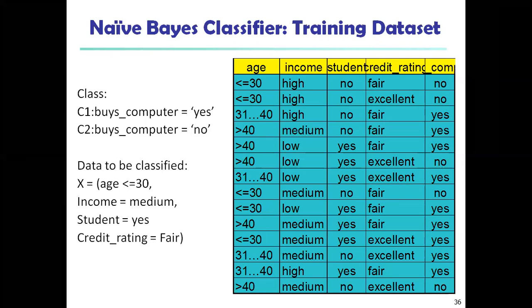Student yes is only one, so medium is two. Credit rating is only one.